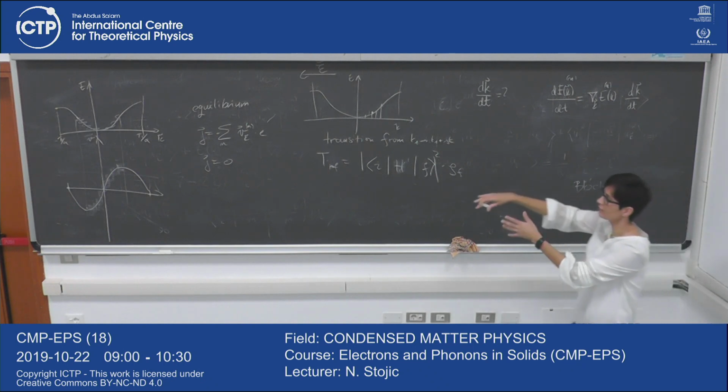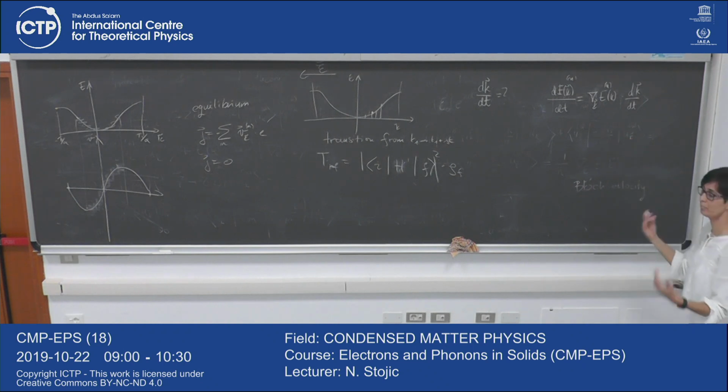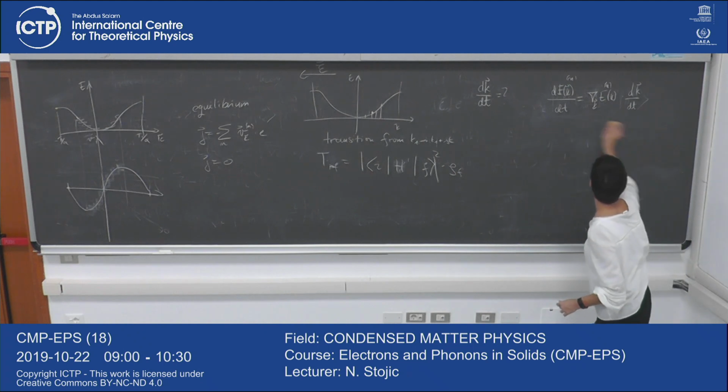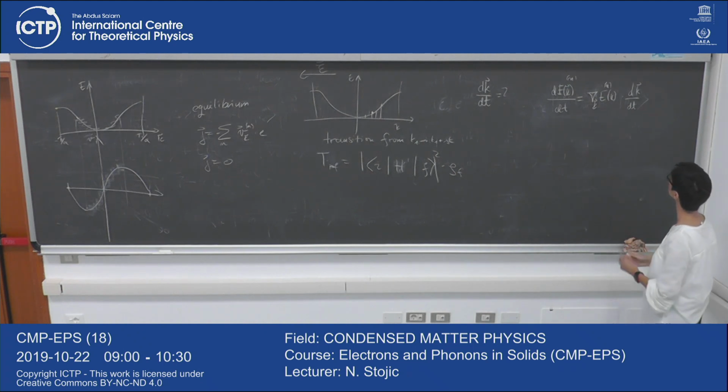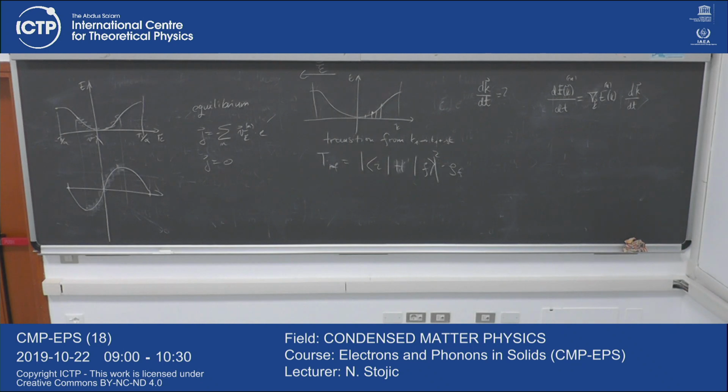For all the plots and these simple things, it's 1D, but then I'm trying to write it a bit more generally, so bear with me. But maybe you remember from some basic physics course how you can express the change in time of the energy. You remember? It was something with the force and velocity.